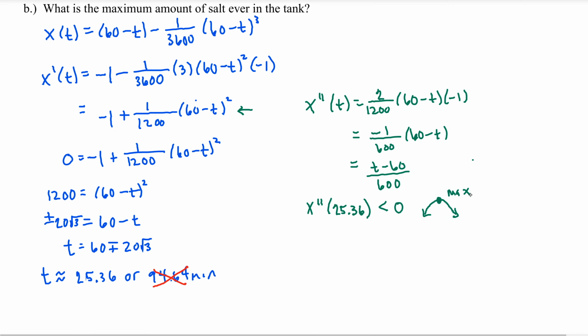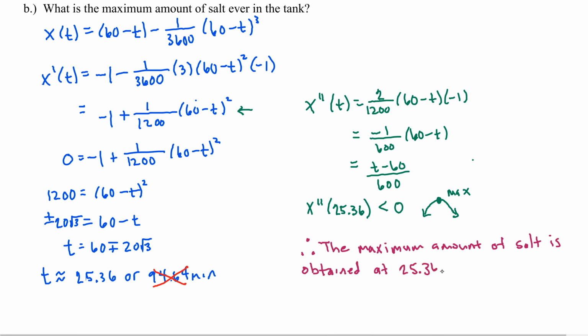So remember, if your second derivative is negative, the second derivative test indicates that you're dealing with a maximum. We could say, therefore, the maximum amount of salt is obtained at 25.36 minutes.